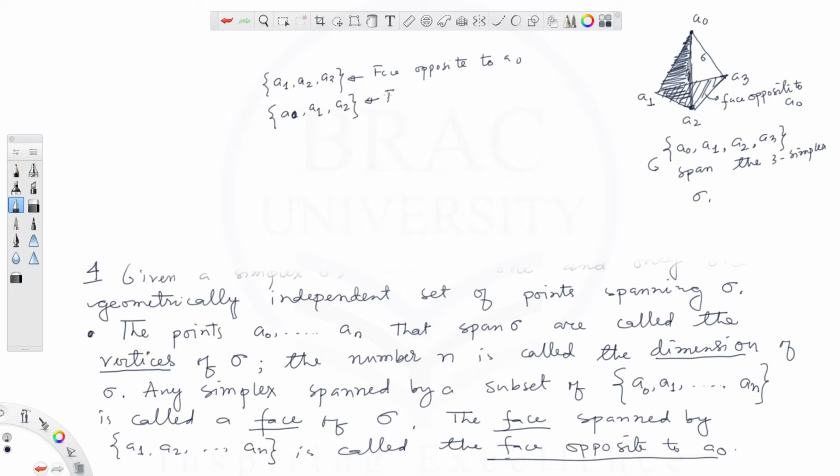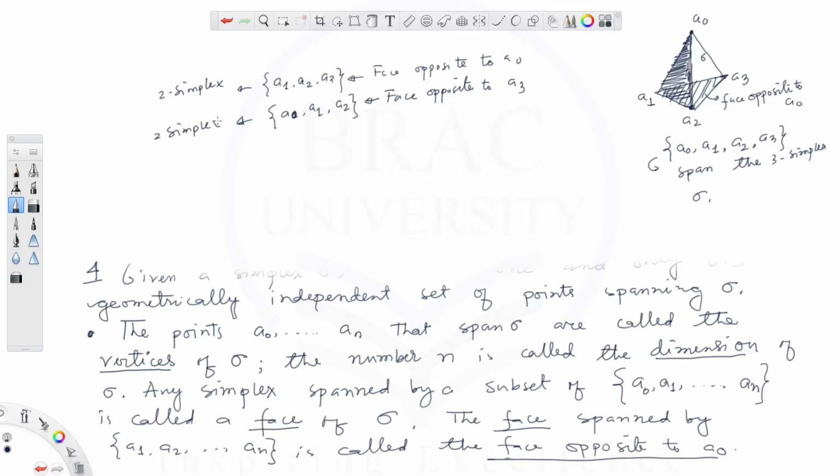This is the face opposite to A3, and this is also a 2 simplex.